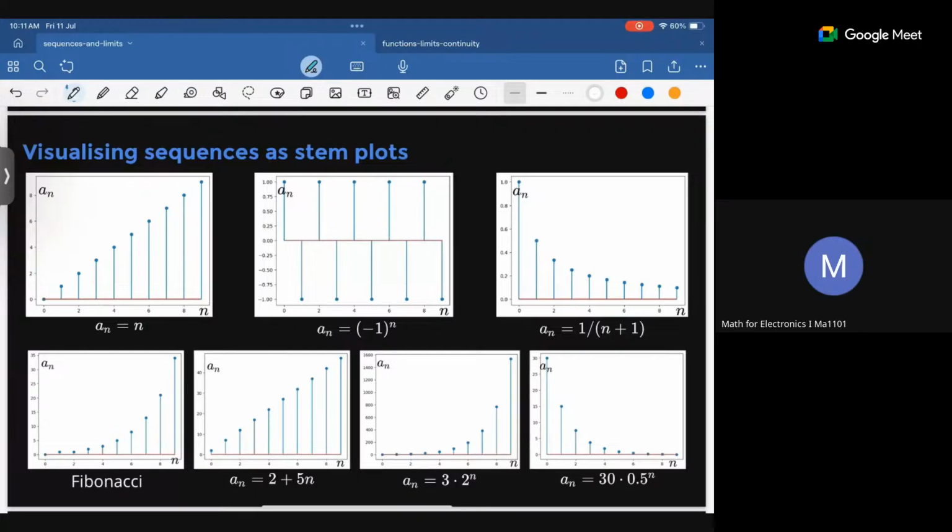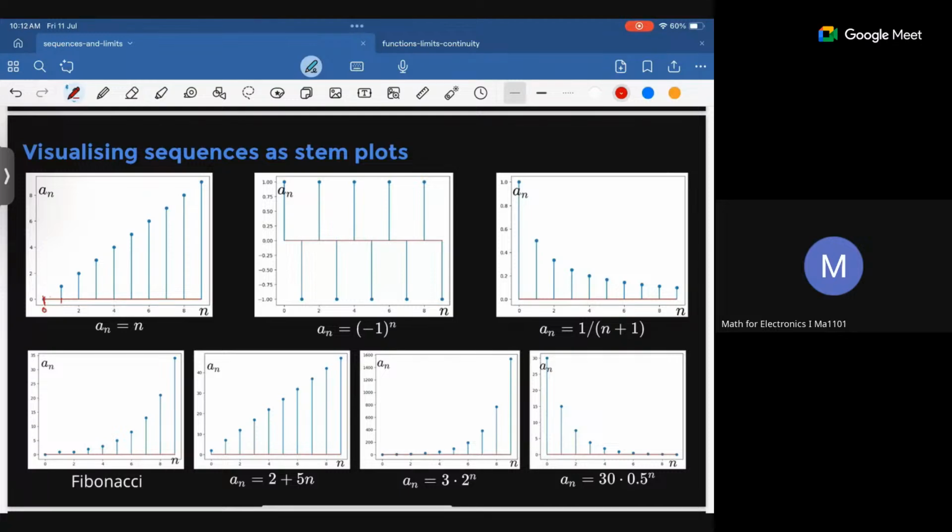So our first term is 0 here, okay? And the x-axis will only contain 0, 1, 2, 3 and so on. And then the y-axis contains the real axis.